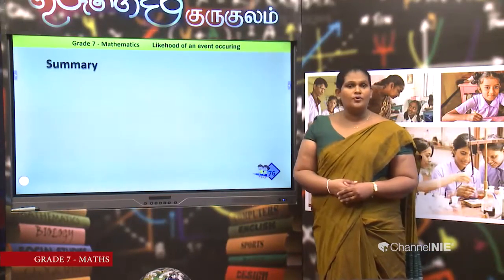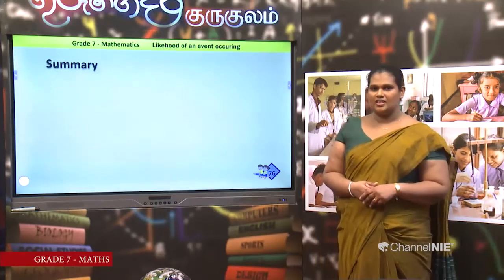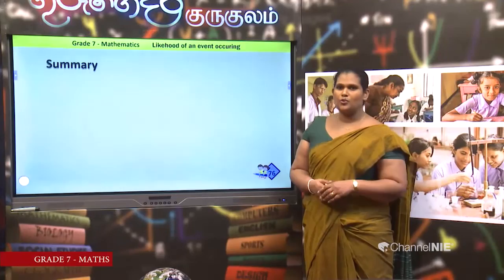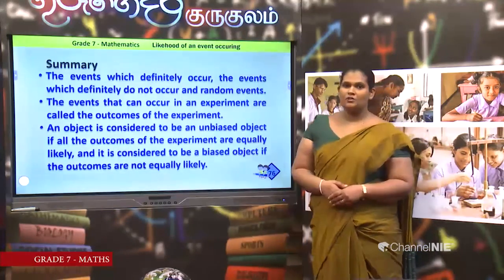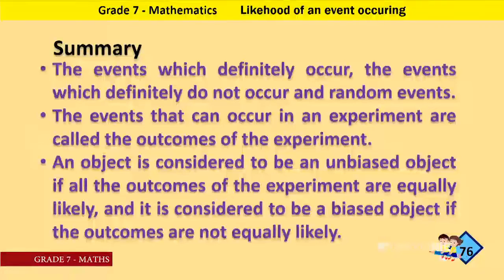Right. Now, before winding up the lesson, I thought of summarizing the lesson with you. That means the things you have learned today. So, we will quickly go through the things we have learned today. First, we talked about the events which definitely occur, the events which would definitely not occur and the random events.